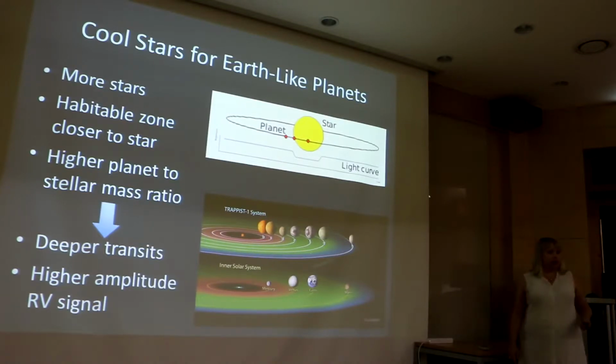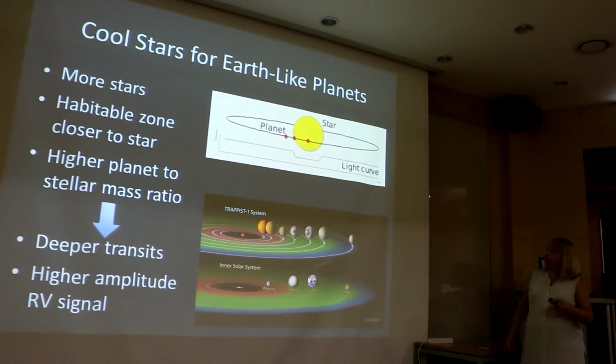This makes it easier to find a planet that's the mass of the Earth. You have a higher planet to stellar mass ratio, so if you're looking for one Earth mass, it's going to be easier to see the signal of that against 0.5 or 0.1 solar masses than against 1. You get better signals.